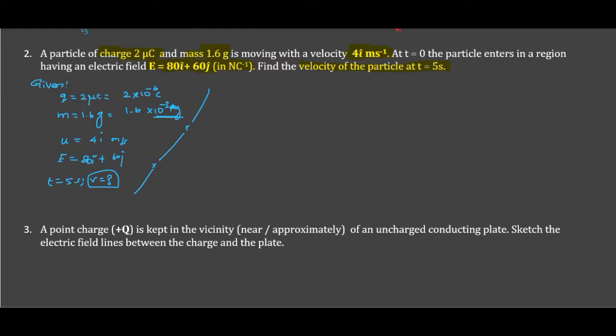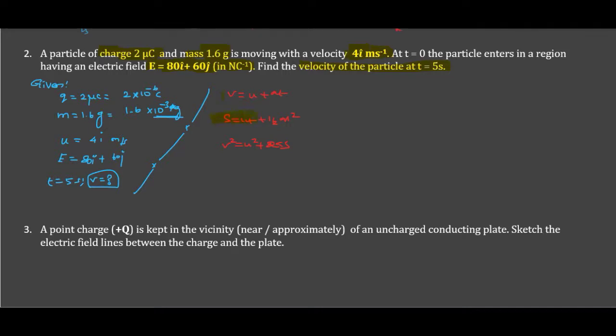They are asking for the final velocity, V. We have the formulas from lower classes: V is equal to U plus AT, S equal to UT plus half AT square, and V square is equal to U square plus 2AS for straight line motion.